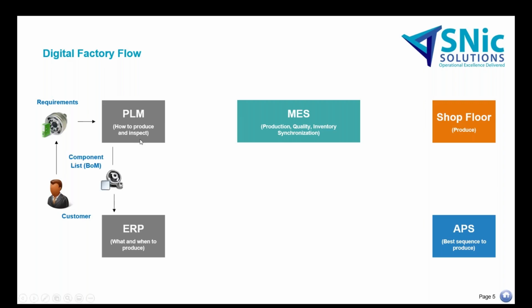And this produces a component list, which is your bill of materials, what goes into a bicycle, for example. It's the wheels, it's the seat, it's the frame. All these components are basically the bill of materials, which are maintained as a master, ideally in a digital factory, in the PLM. You're also having the bill of process, which is the process definition.